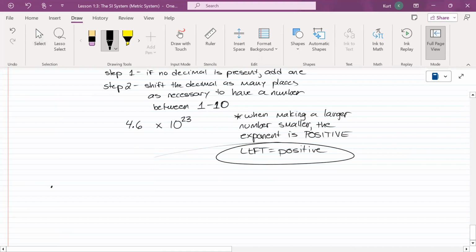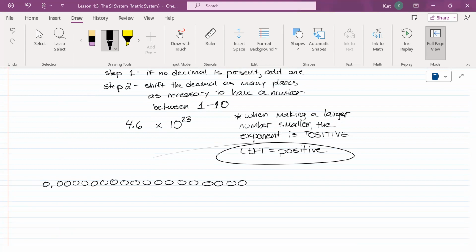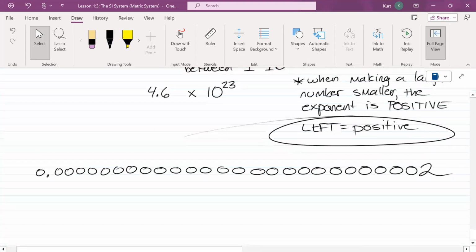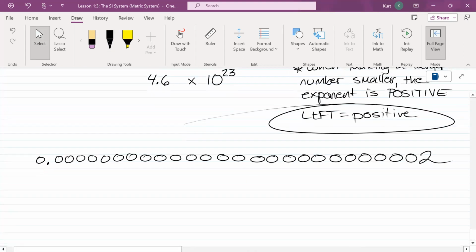Here we go. Whew, that's painful. That's a lot of zeros. I'm not going to tell you how many. I know your eyes might get lost. We'll work this out.